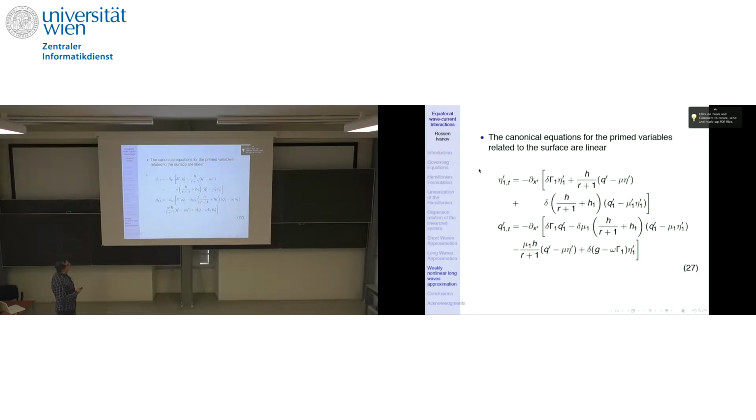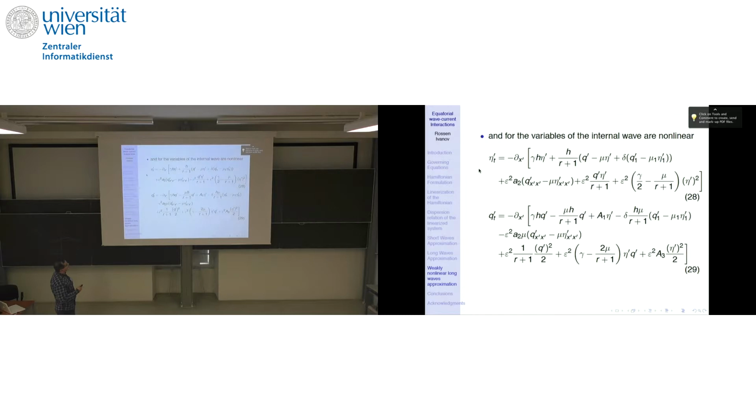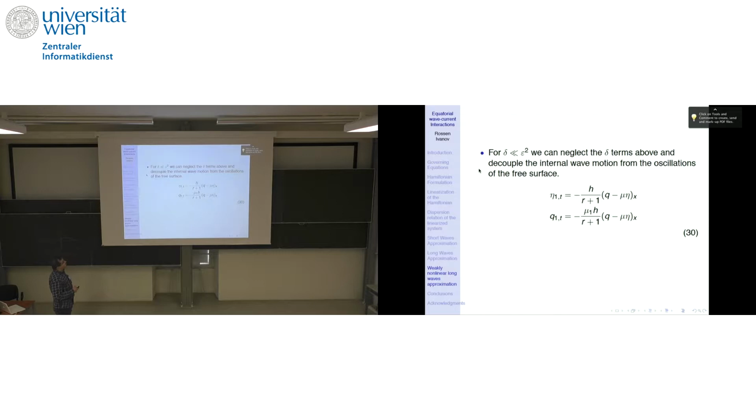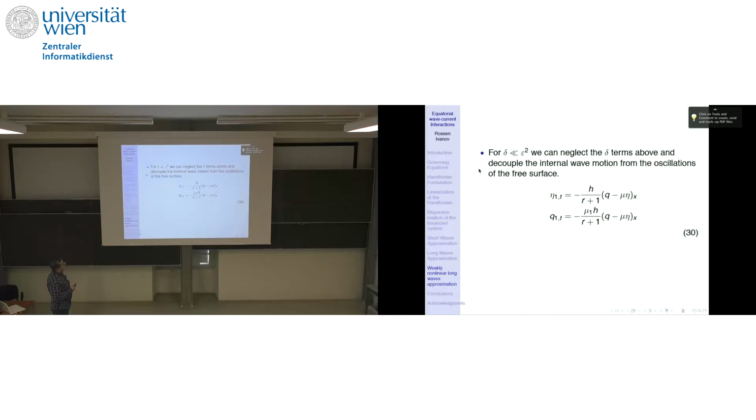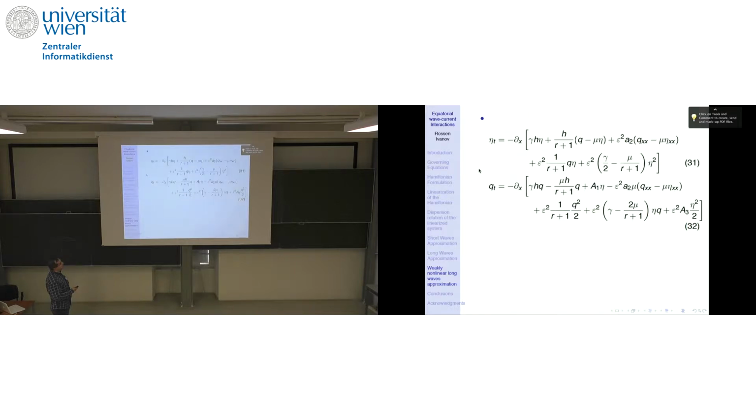These are on the surface, and another one on the thermocline or pycnocline. It's a complicated system that also depends on the scales and everything else. But if the scale delta is much smaller than epsilon squared, we can decouple the equations in such a way that the elevation on the surface entirely follows the motion on the thermocline, and then these two equations are the coupled equations for the motion of the thermocline.